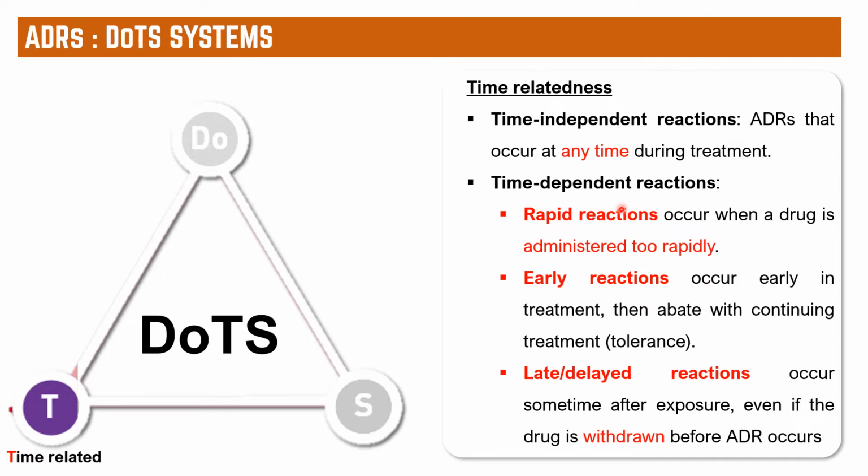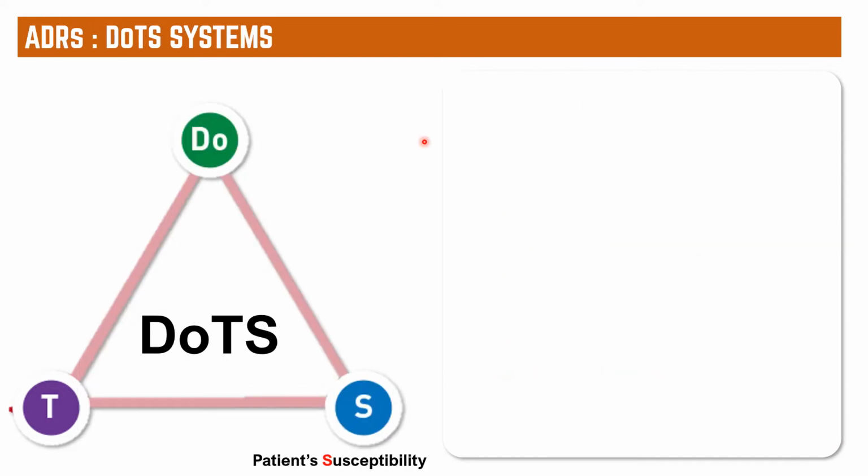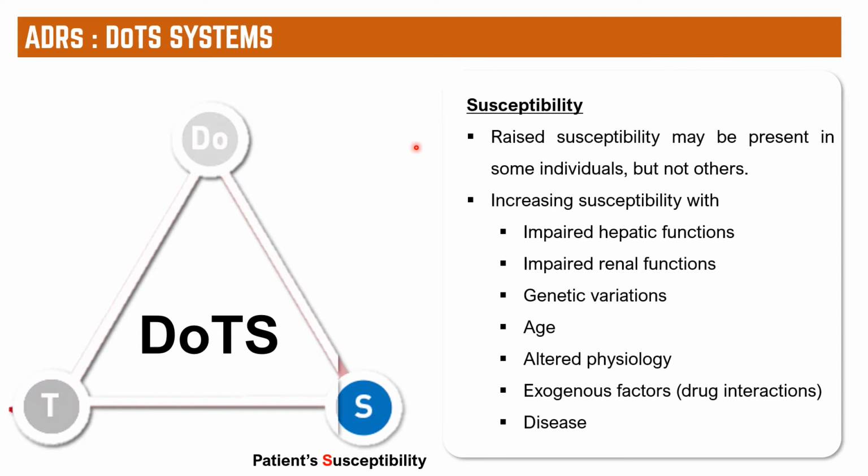Meanwhile, time-dependent reactions range from rapid reactions, which are immediate following exposure, to reactions that are delayed. The final aspect of the DoTS classification system is susceptibility, which includes factors such as genetic predisposition, age, sex, altered physiology, disease, and exogenous factors such as drug interactions, which we'll discuss much deeper after this.